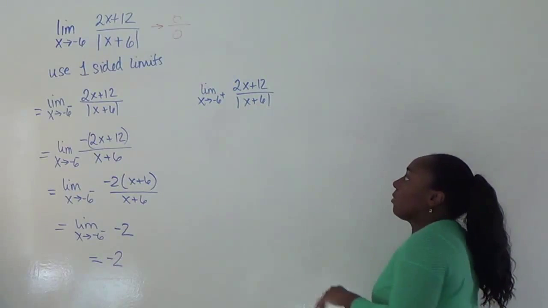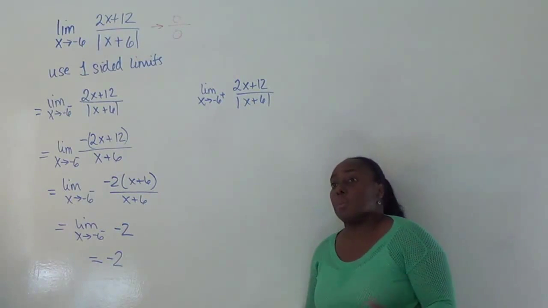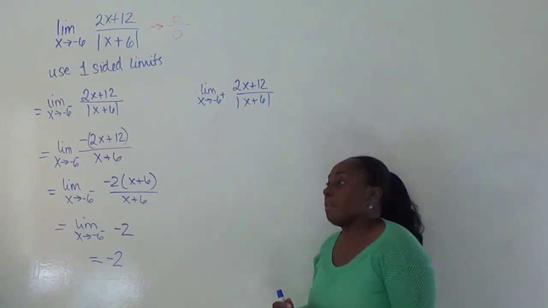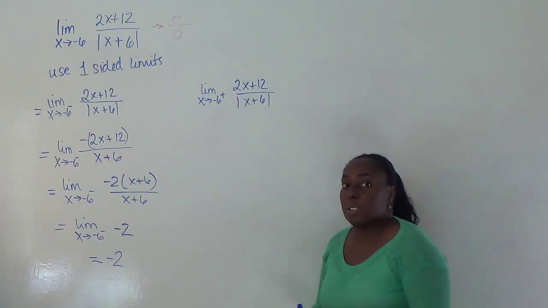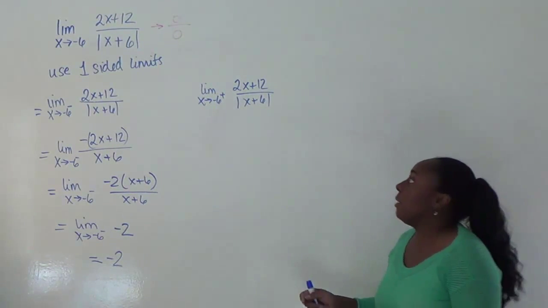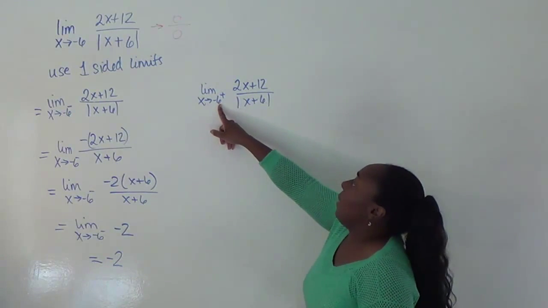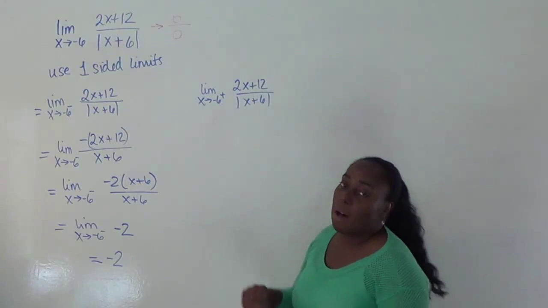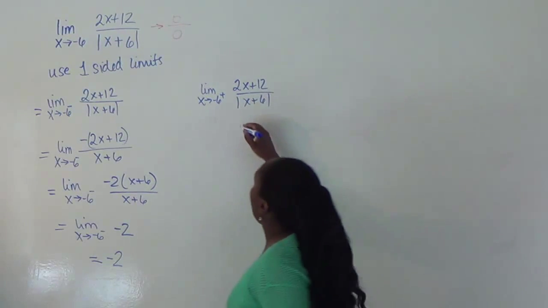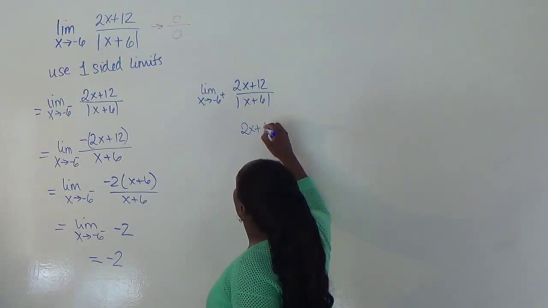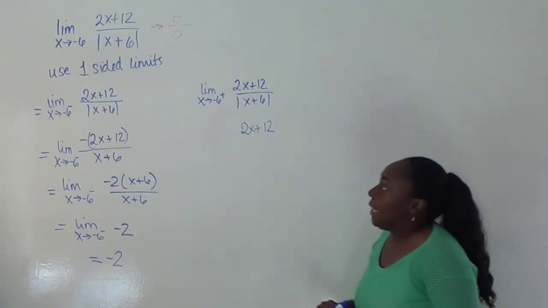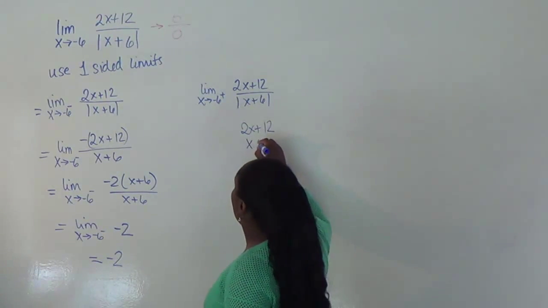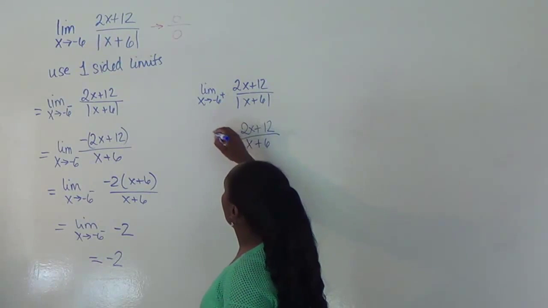So if we consider the limit as x goes to negative 6 from the positive side of our function, we can do the same thing. But now if I'm at negative 6 and I'm coming from the positive side, notice anything bigger than negative 6 means the top is going to be a positive value. And again, any number I plug in there, when I take the absolute value, I'm still just going to get an x plus 6.